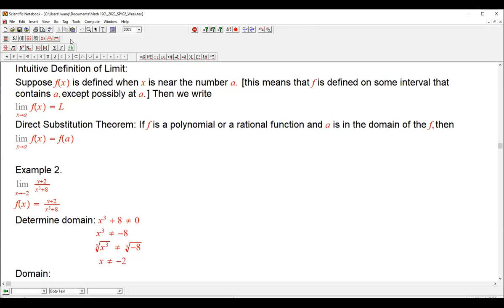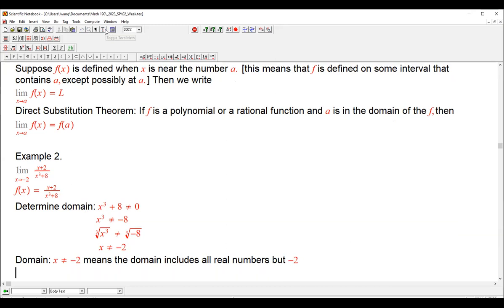We can use a shorthand notation like this, which means the domain includes all real numbers but -2. We understand that. So we know that -2 is not in the domain.